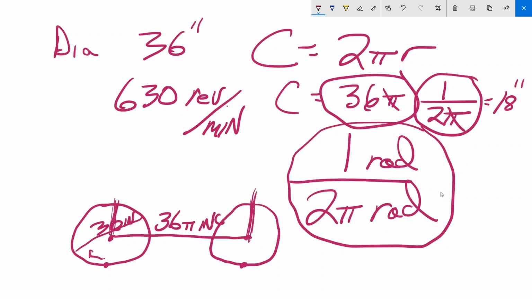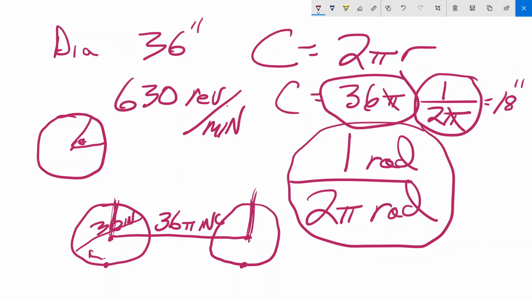Now, let's talk about radians for just a moment here. One radian is about that. Okay? This angle right here is about 1 radian. Notice that it's only about 1/6 of what it would take me to go all the way around the circle, 2 pi distance, or 360 degrees.